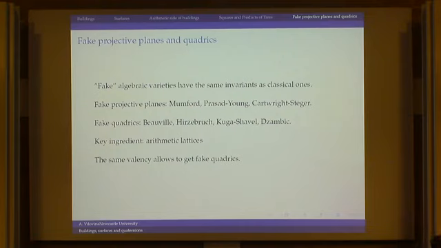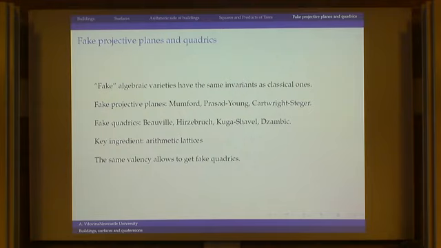With fake projective planes, the classification was possible because it was known that all of them are complex ball quotients. But if you talk about fake quadrics, something which has the same invariants as P1 cross P1, there is no such analog. We cannot say that they're ball quotients or whatever. So it's not even clear if a full classification is possible.